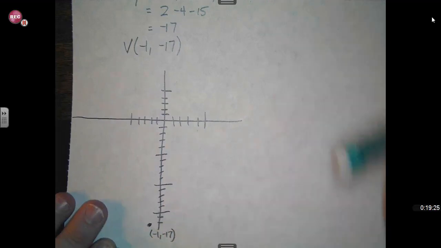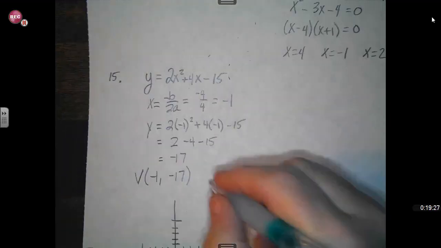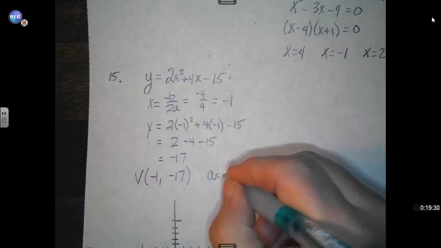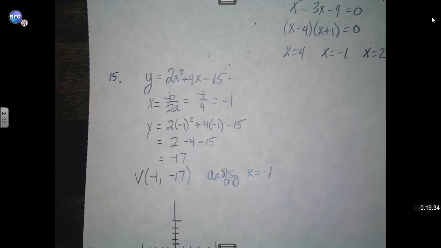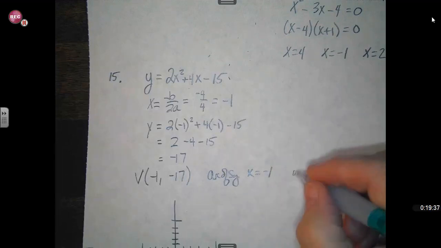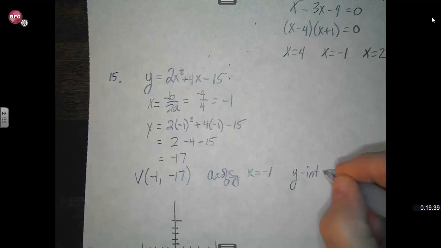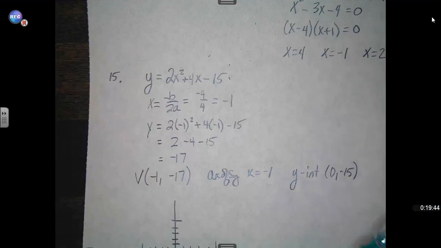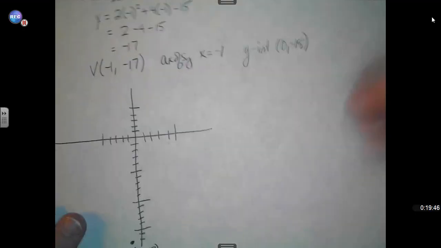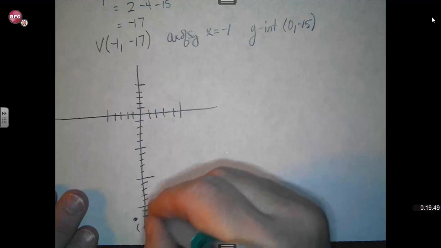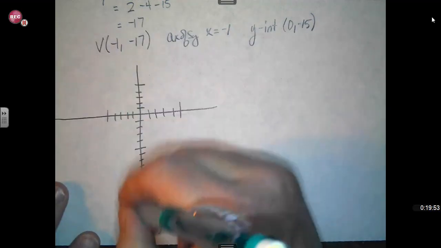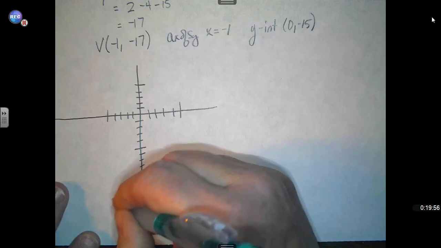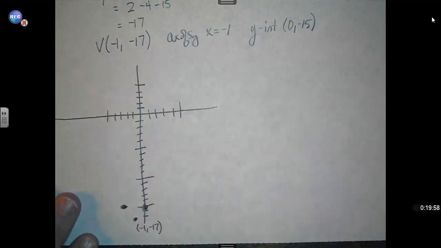The equation of the axis of symmetry is x equals negative 1. Remember, it has to be an equation. The y-intercept is 0, negative 15. Plug in 0 for x, that's what I get. And I can plot that point down here. That means I'm going to have another one over there on the other side at negative 2, negative 15.